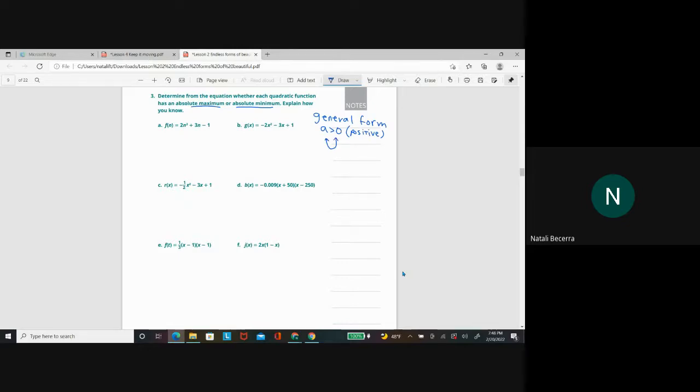And when it's concave up, the curve is at the bottom. So this is going to be a minimum. Okay. If a was less than 0, then this means that this is going to be a negative number and is going to be concave down. So that means that the curve is at the top, making it a maximum.